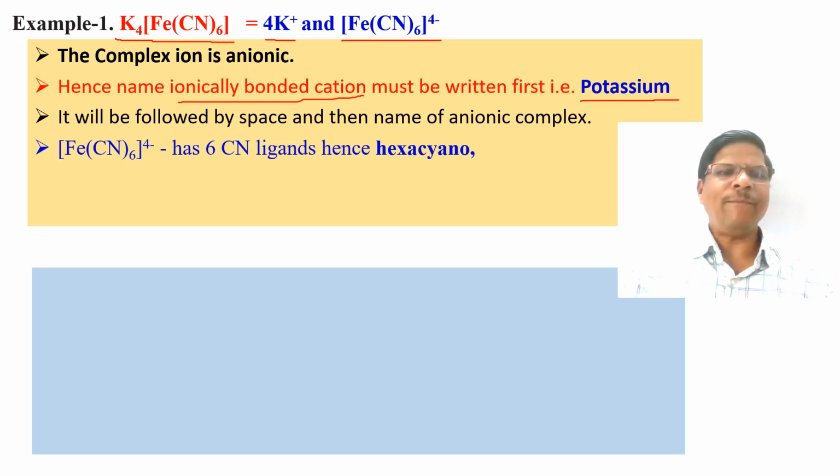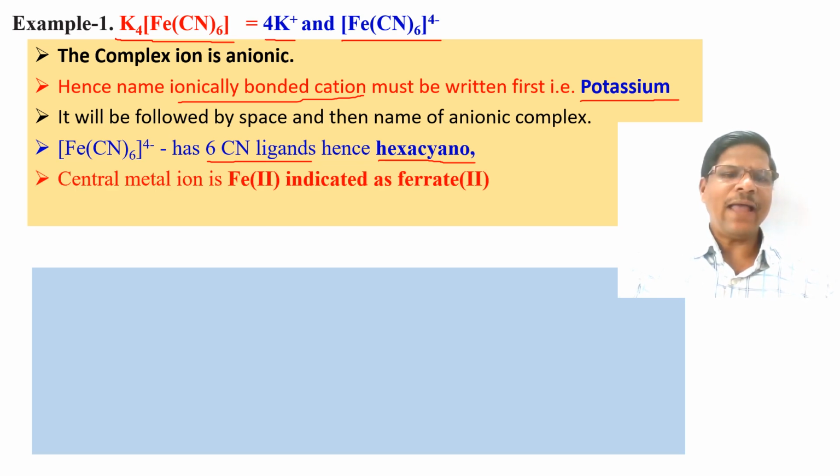So if you see in the complex ion, there are 6 cyanide ligands. So for 6 cyanide ligands, we will write down hexacyano. Hexa for 6 and for cyanide ligand cyano. Hexacyano. What is the metal ion? The metal ion Fe2+ is the central metal ion. Okay.